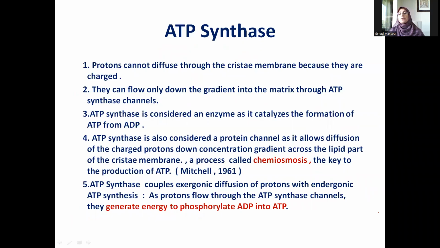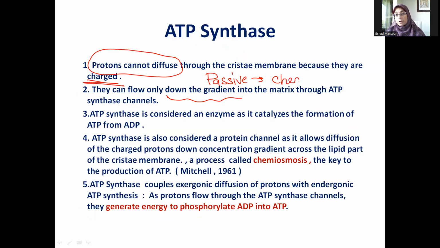So the ATP synthase is important. Why is it important? Because protons cannot diffuse. And why can't they diffuse? Because they are charged. They can only flow down the gradient, meaning that the process of chemiosmosis is a passive process through the ATP synthase channel.